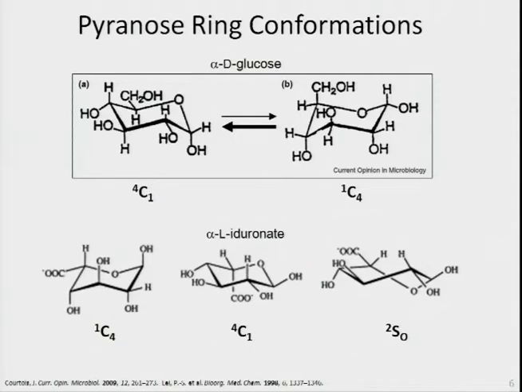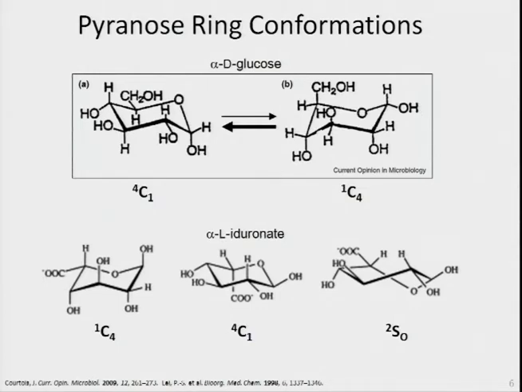Okay, so what happens when you interconvert chair forms is that all the equatorial substituents become axial, and vice versa. All the axial ones become equatorial. So in the 4C1 form of alpha-D glucose, there's only one hydroxy group, which is more bulky than the hydrogen substituents, in the axial position. All the rest are equatorial.